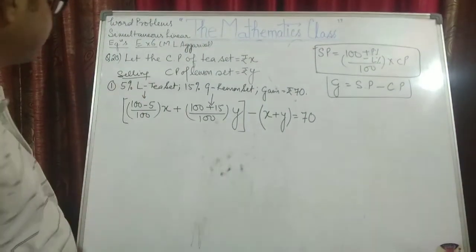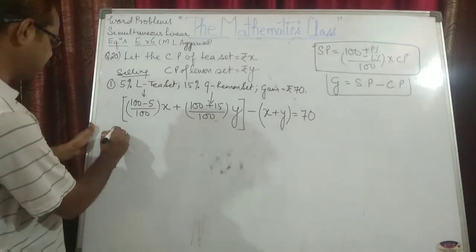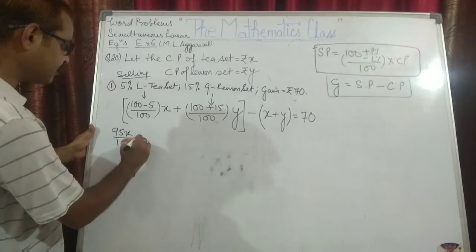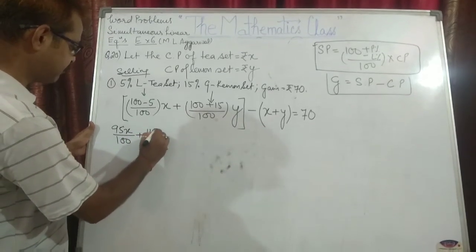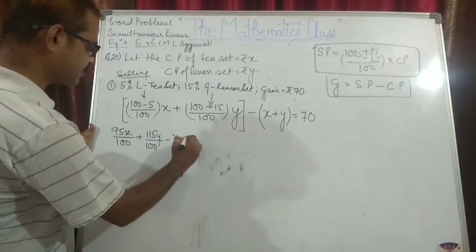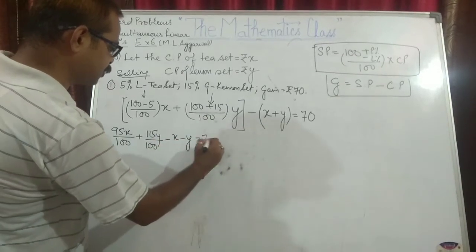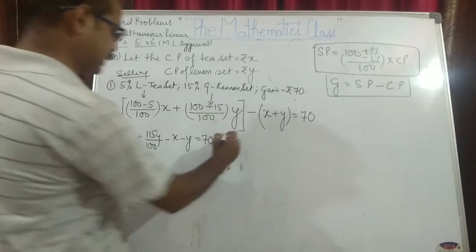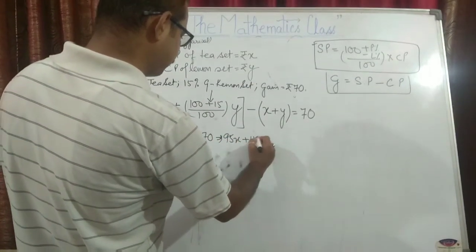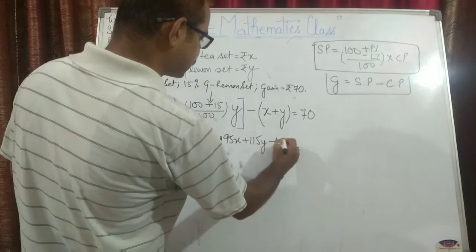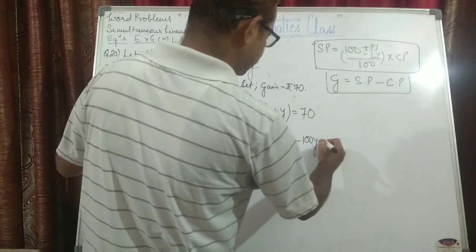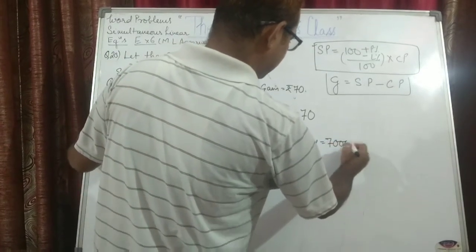Now if we simplify it, this will be 95x upon 100 plus 115y upon 100 minus x minus y is equal to 70, which implies 95x plus 115y minus 100x minus 100y is equal to 7000.